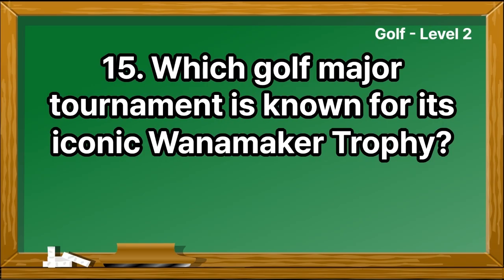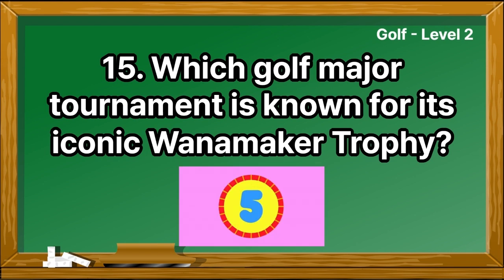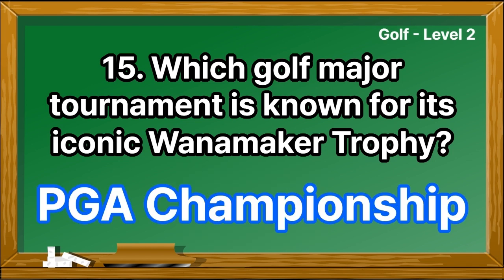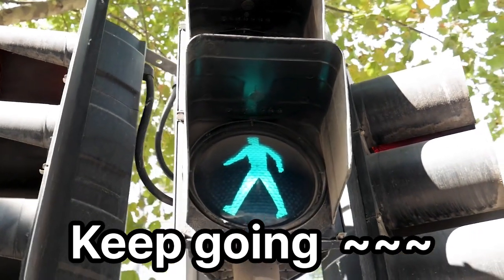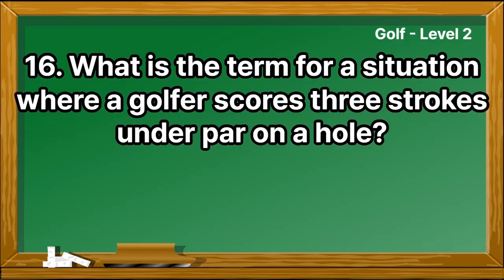Which golf major tournament is known for its iconic Wanamaker Trophy? PGA Championship. Keep going. What is the term for a situation where a golfer scores 3 strokes under par on a hole?